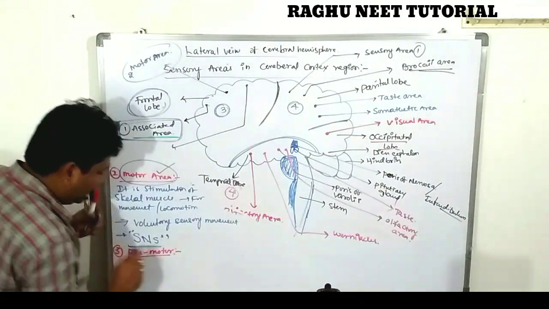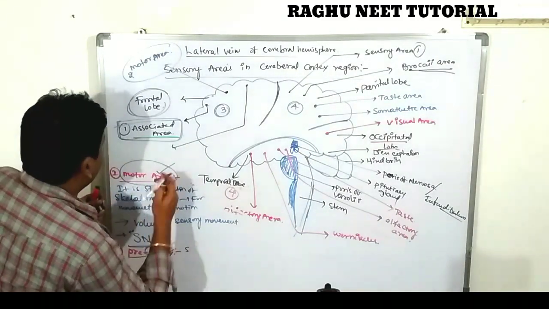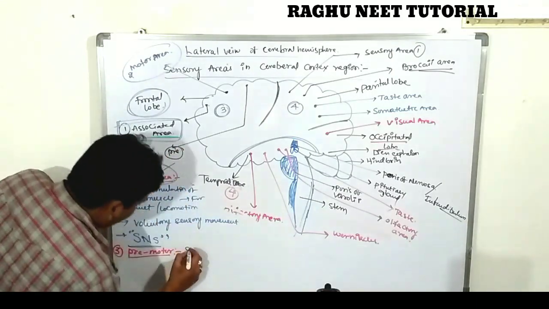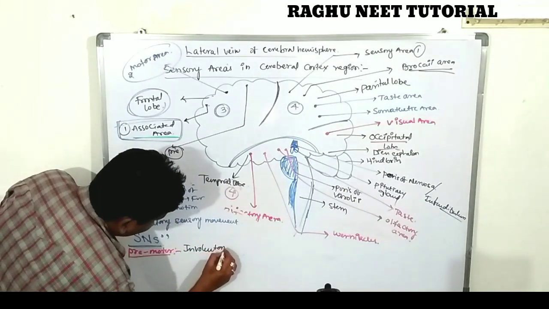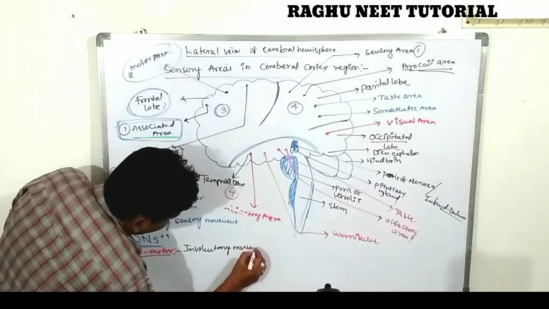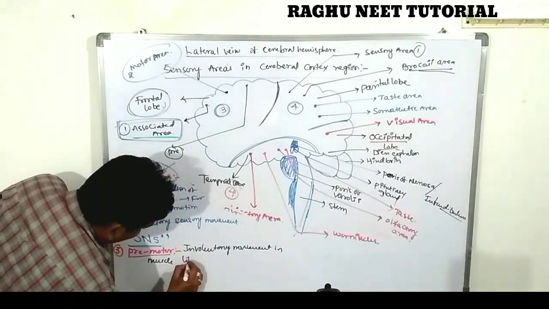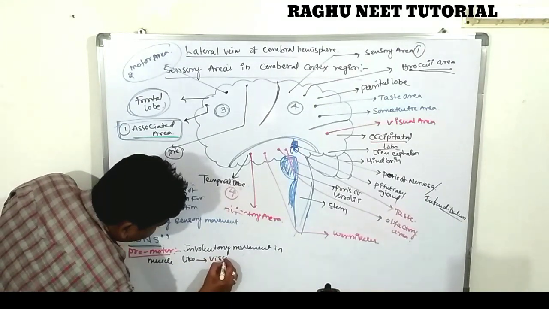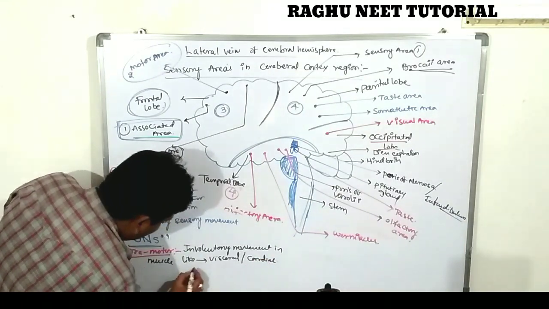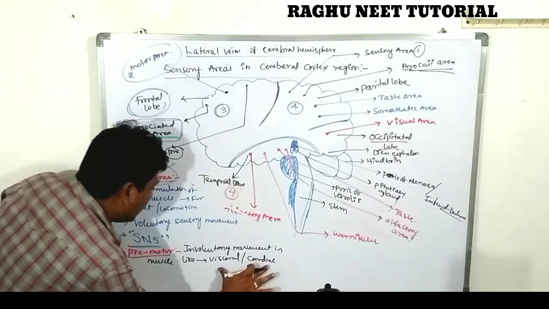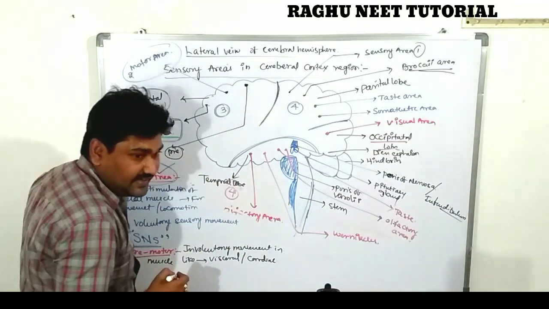It controls involuntary movement in muscles, like visceral muscles and cardiac muscles. These visceral and cardiac muscle areas are located in the frontal lobe region.